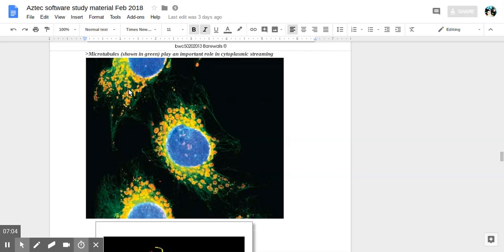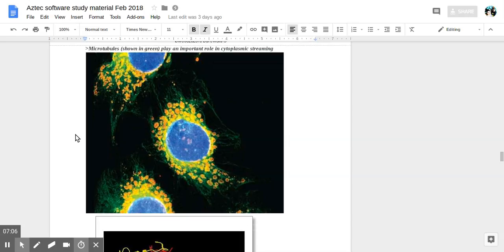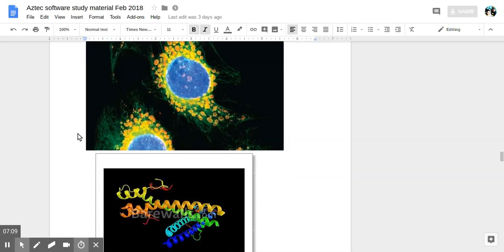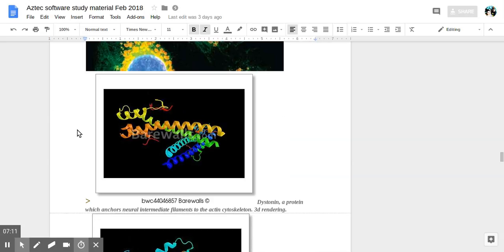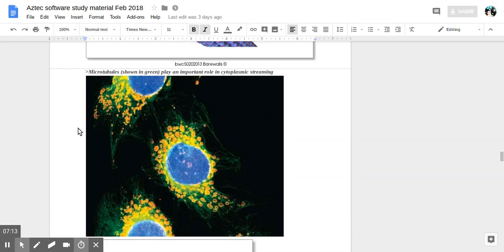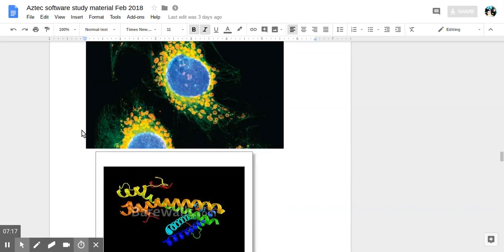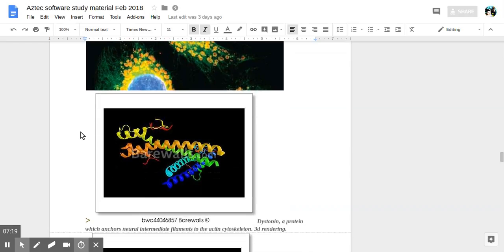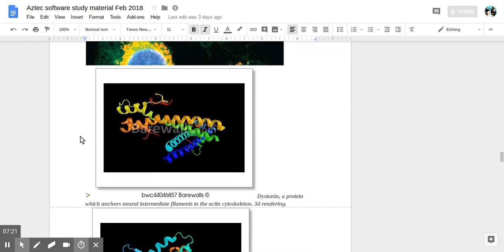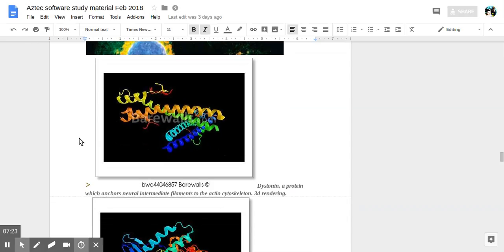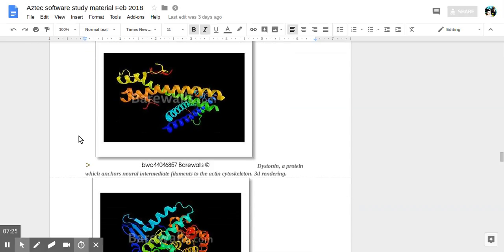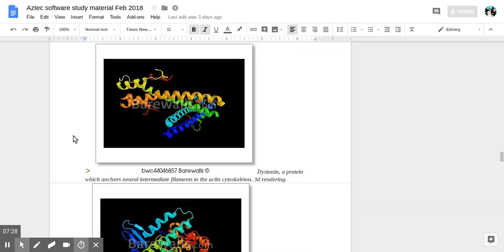Microtubules are in green. They play a role in cytoplasmic streaming, which is movement of the cytoplasm, which contains all the organelles of the cell, as well as molecules, proteins and other kinds of molecules involved in the different processes of the cell.